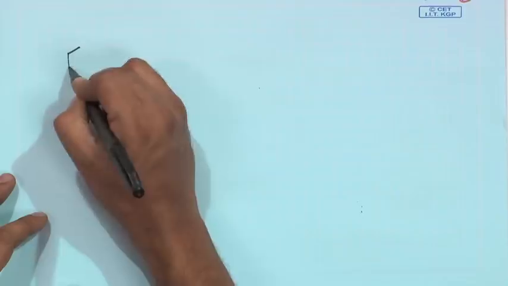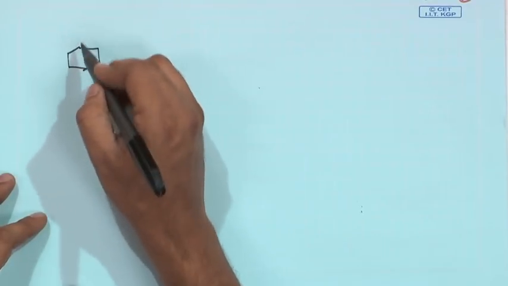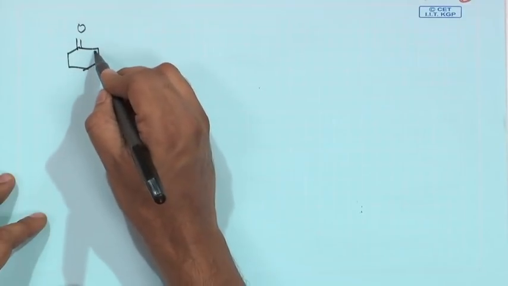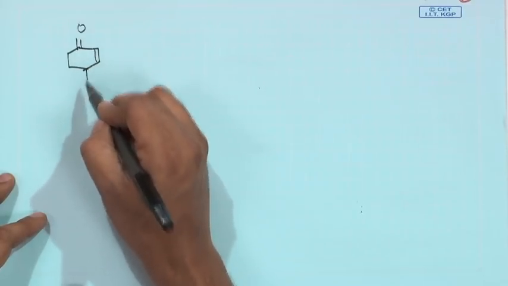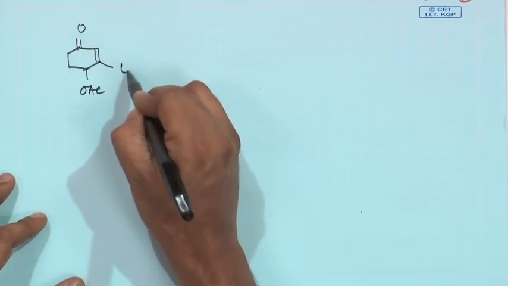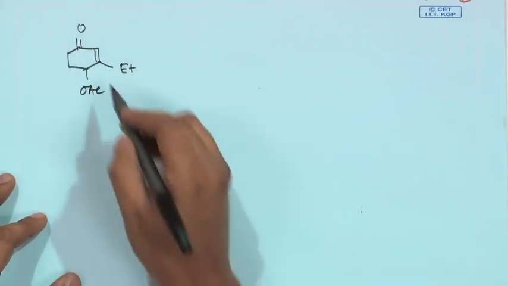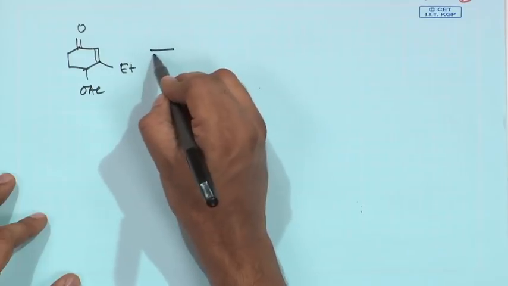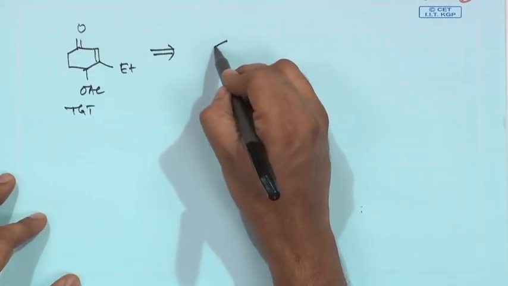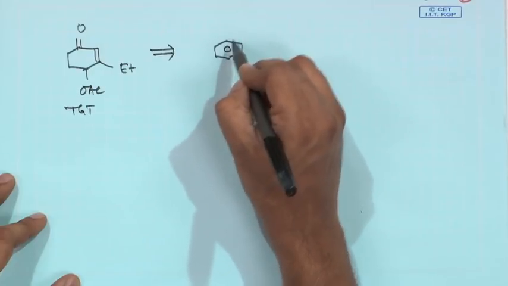The next retro will be a little bit complicated one, not complicated exactly, but we will explore the strategy which you already discussed before. We said a cyclohexenone based target molecule was given to you. The starting material was very interesting.